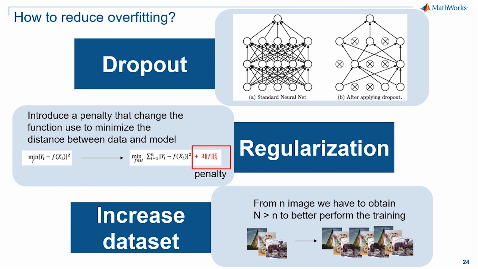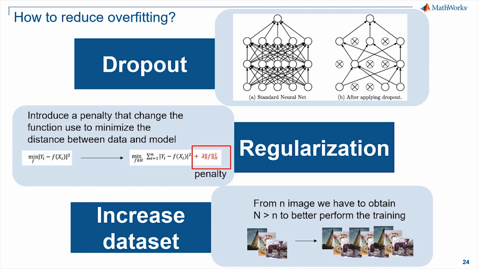So let us assume that this one is related with the validation. If the validation and the training are diverging, this term will increase, and so it will tell our network that it is performing badly.